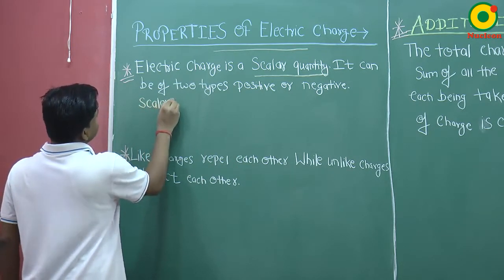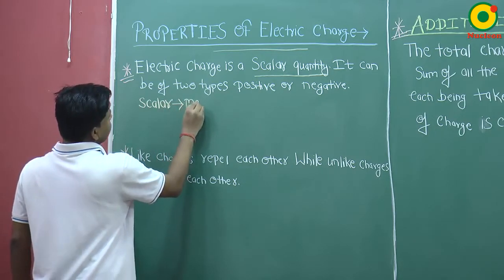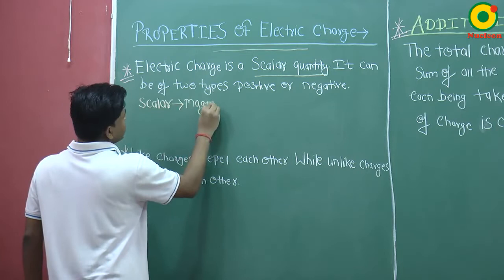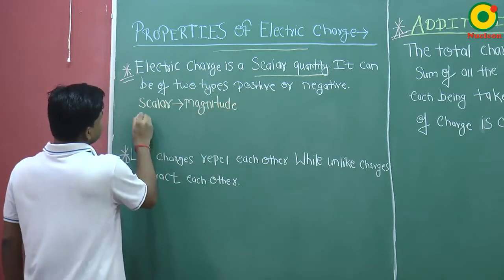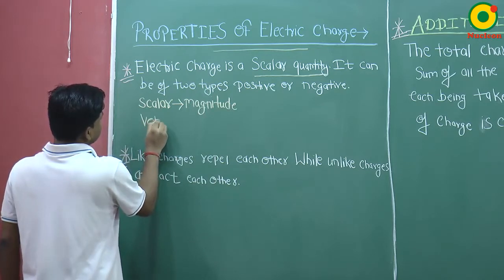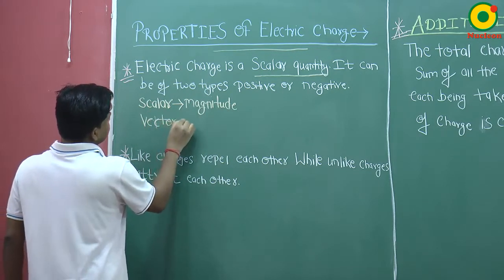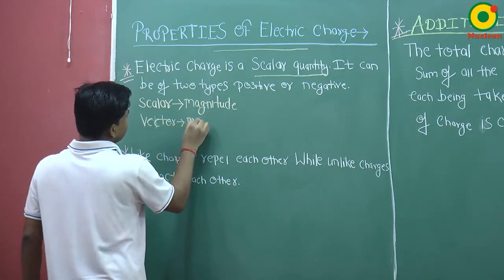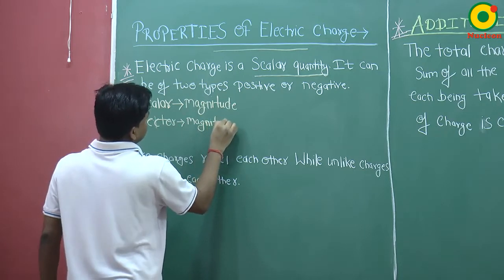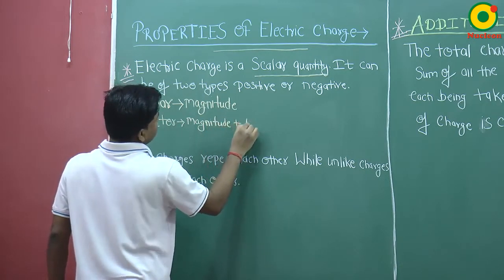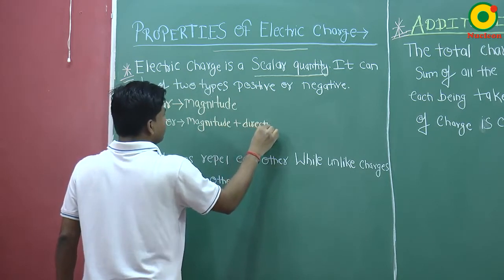Scalars are terms associated with only magnitude, whereas vectors are terms associated with magnitude plus direction.